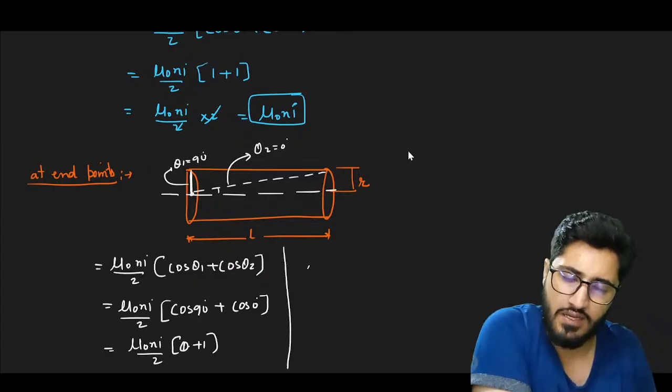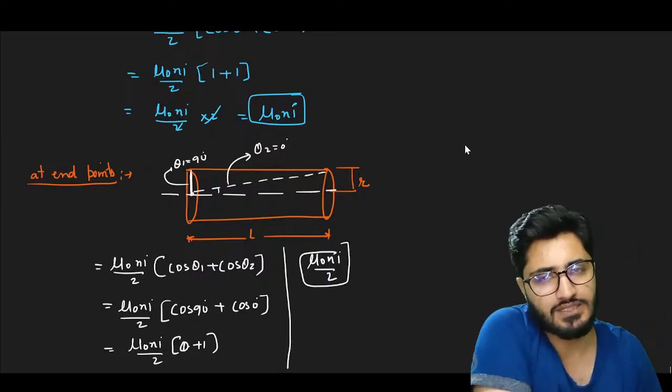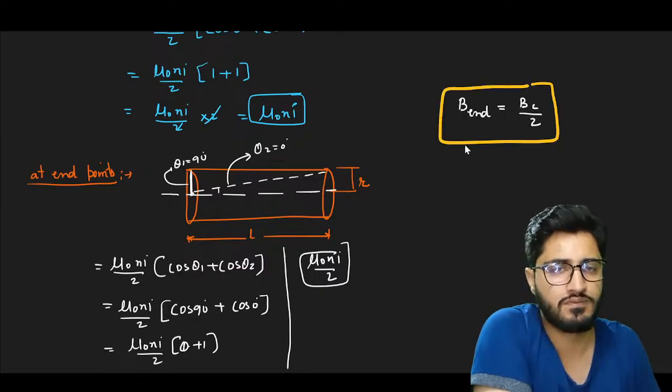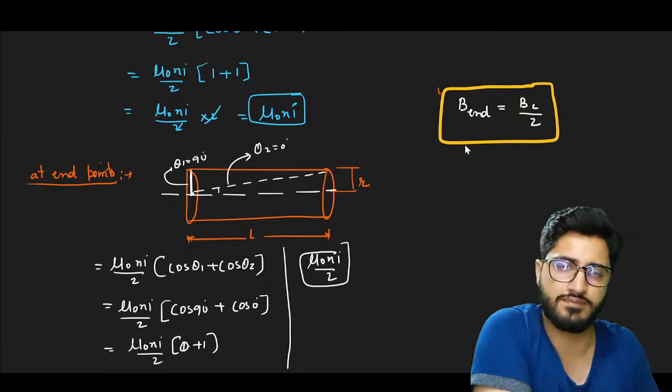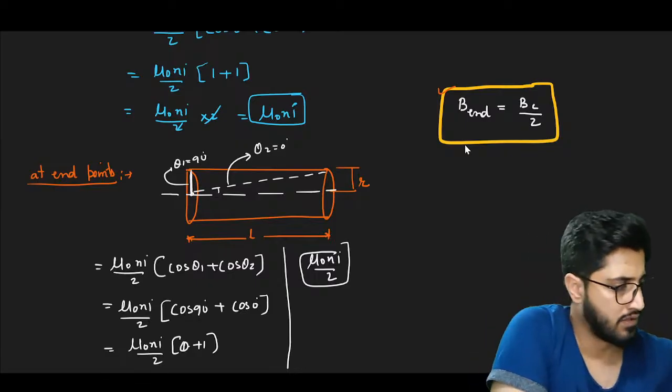So I can write here it is nu naught Ni by 2. That simply indicates the magnetic field at the endpoint equals the magnetic field at the center divided by 2. Simple as it is. Done?